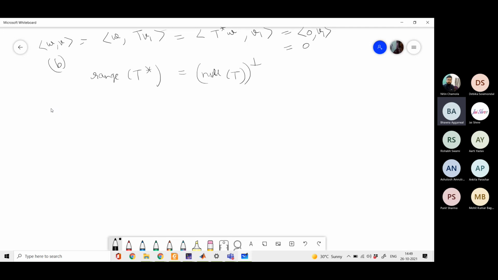So that will be the inner product of W1 with 0, and that will be 0. So can you write the other two also?